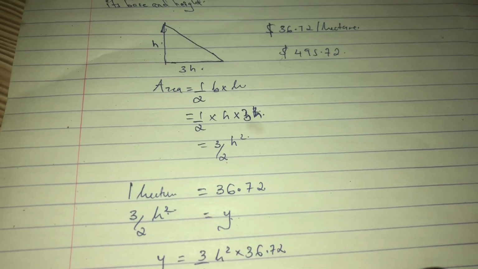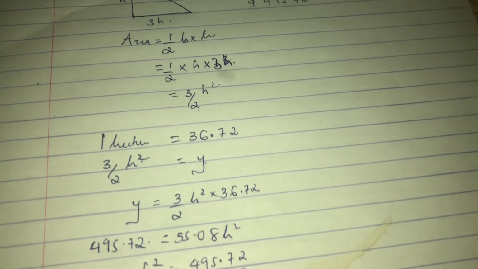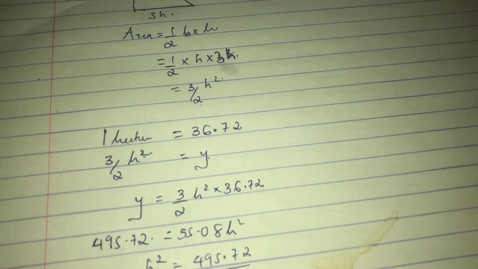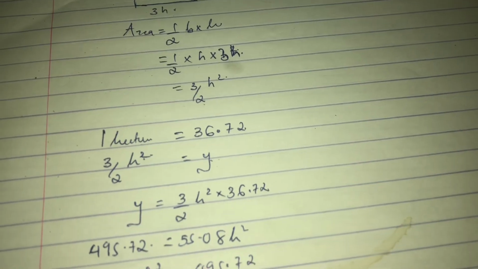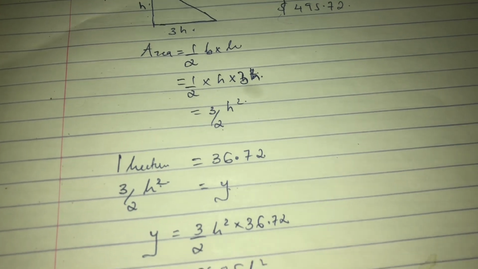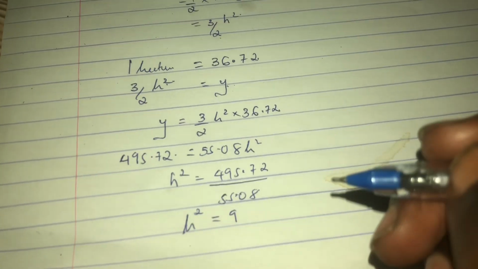That means our h squared will be 495.72 divided by 55.08. So when you get 495.72 divided by that, our answer is 9. Are we together? So our h squared is equal to 9.